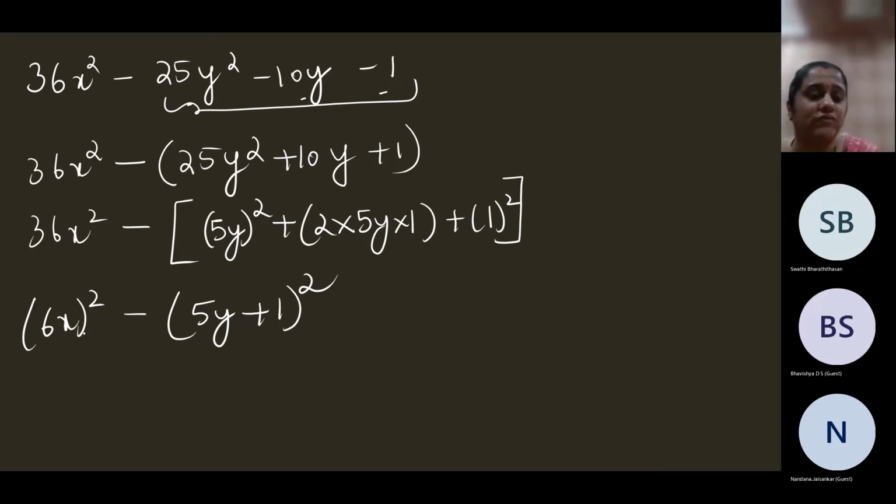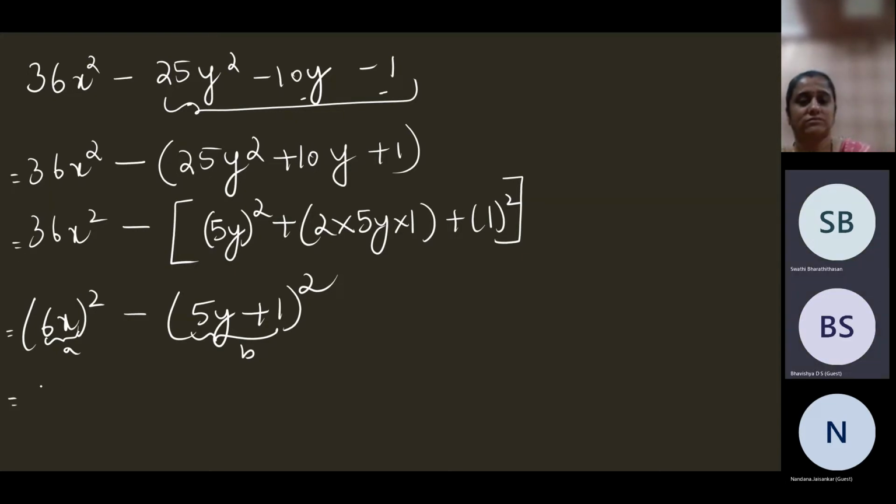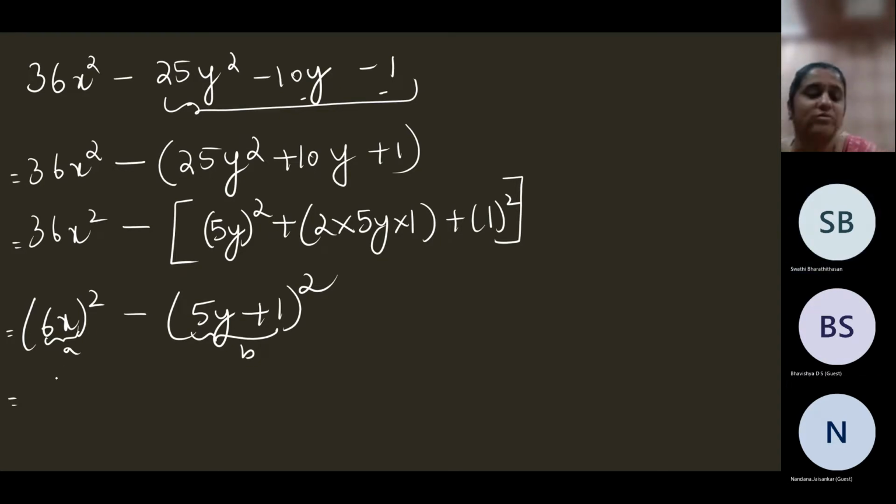Now this is of the form a square minus b square. So what's the answer? What is a square minus b square? A plus b into a minus b. So what should I write in the bracket?